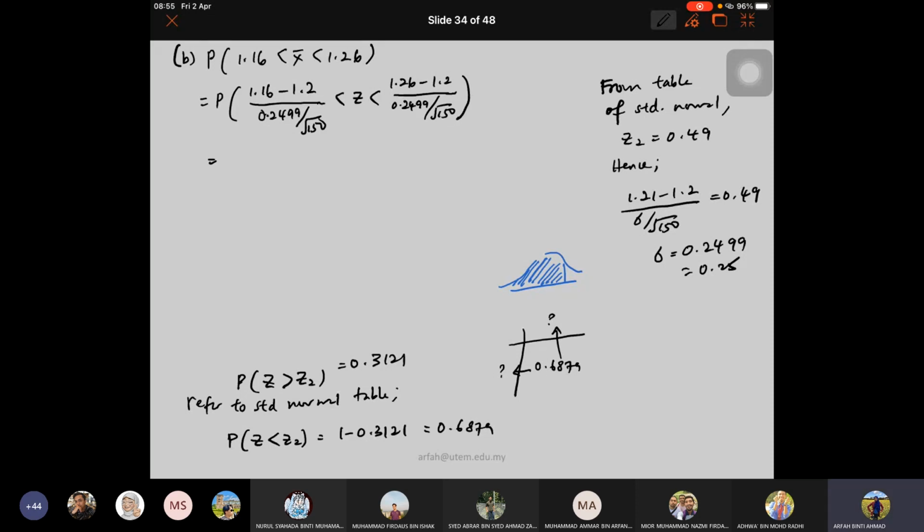Okay, apa jawapan? Ada nak kira? Z berada antara berapa tu berapa? Oh ya, apa jawapan? Negatif 1.9604 ke 2.9406.